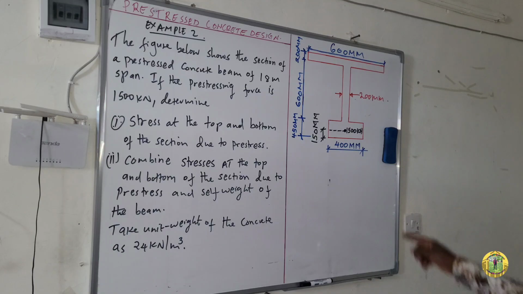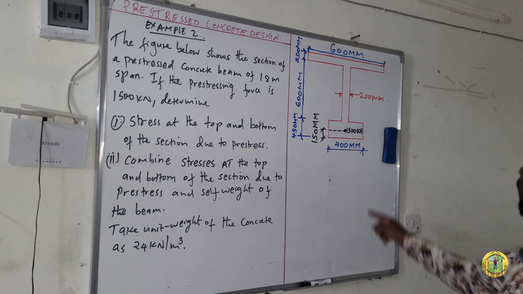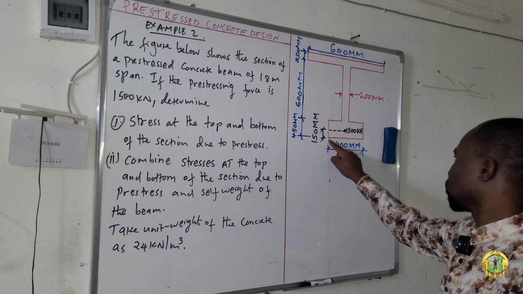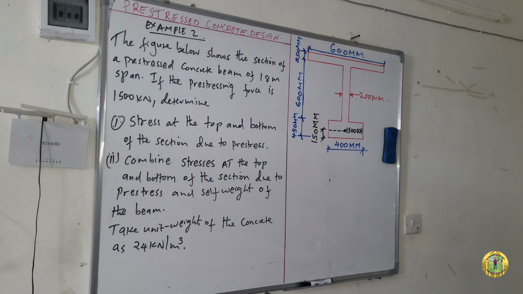And then we have a prestressing force of 1500 kilonewton, placed 150 millimeter from the bottom flange of this section.